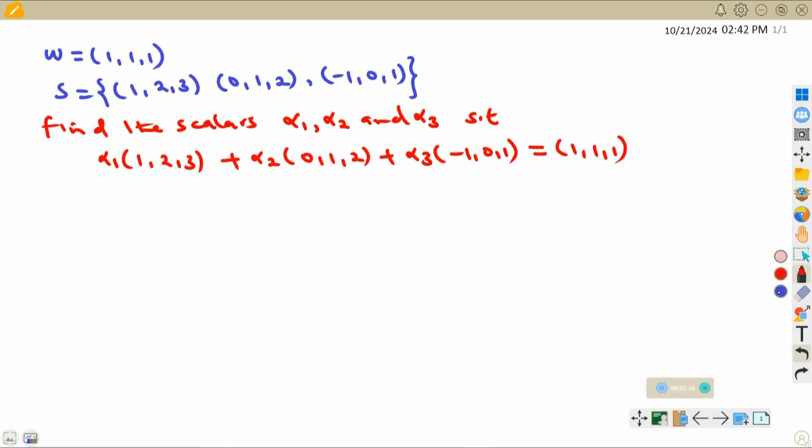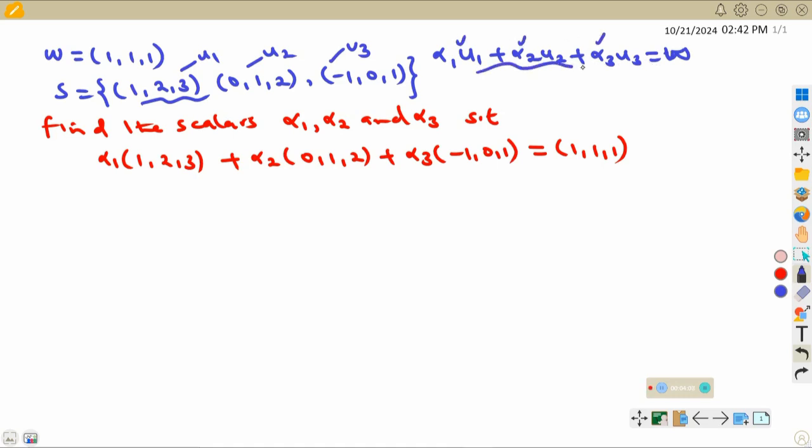So in order to write W as a linear combination of these vectors, if this is your U1, this is your U2, and this is your U3, you seek the scalars alpha 1, alpha 2, and alpha 3, such that alpha 1 U1 plus alpha 2 U2 plus alpha 3 U3 equals our vector W. If we are able to get alpha 1, alpha 2, and alpha 3 such that this is equal to W, then we shall say W can be written as a linear combination of these vectors U1, U2, and U3.